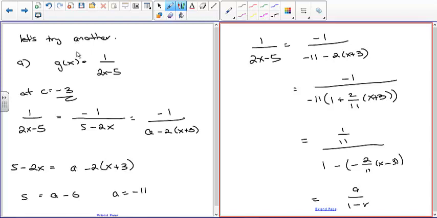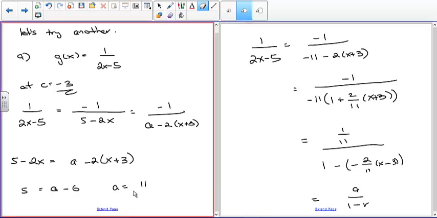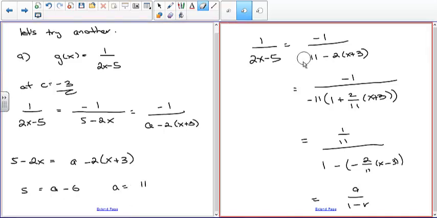Shouldn't it be a equals 11 if you add 6 to both sides? Oh, positive 11. You're right. Thank you. So let's fix that. That's positive 11. Okay, so I don't have to do that. That becomes negative. So that's going to already be okay.